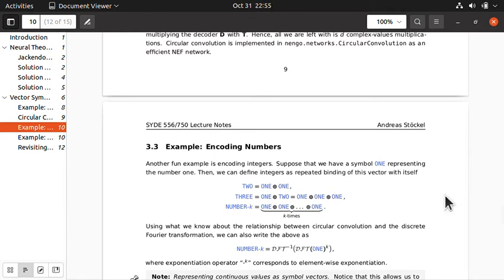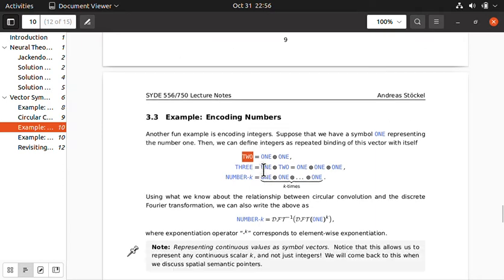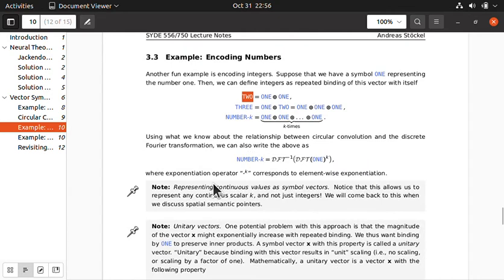So we need that way of defining things, and we also need that when we do this binding, because we're going to represent this all in neurons, I really don't want the magnitude of this vector to start growing exponentially. I'd really like everything to stay as unit vectors, say. There is math that lets you choose this basic vector in such a way that when you bind it with something else, the length of the resulting vector doesn't change.